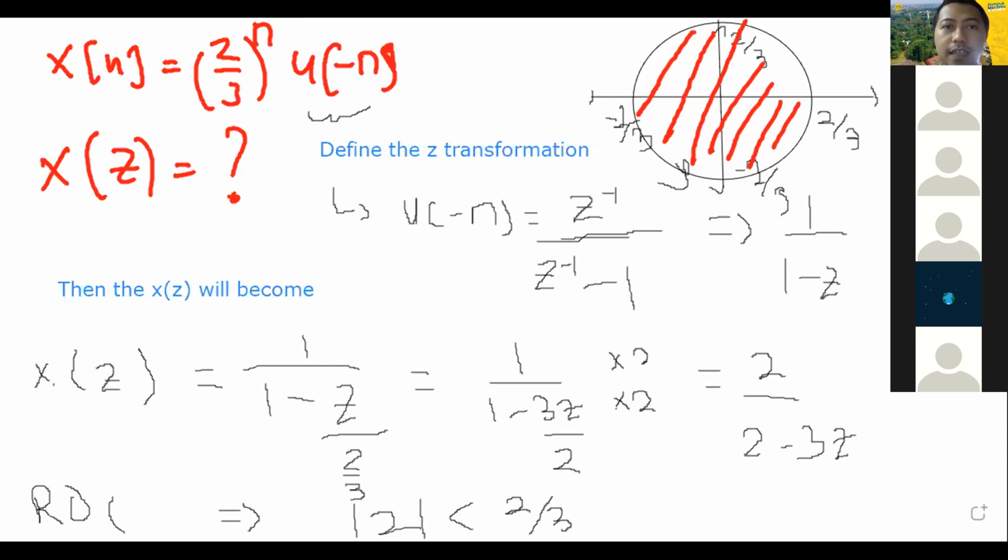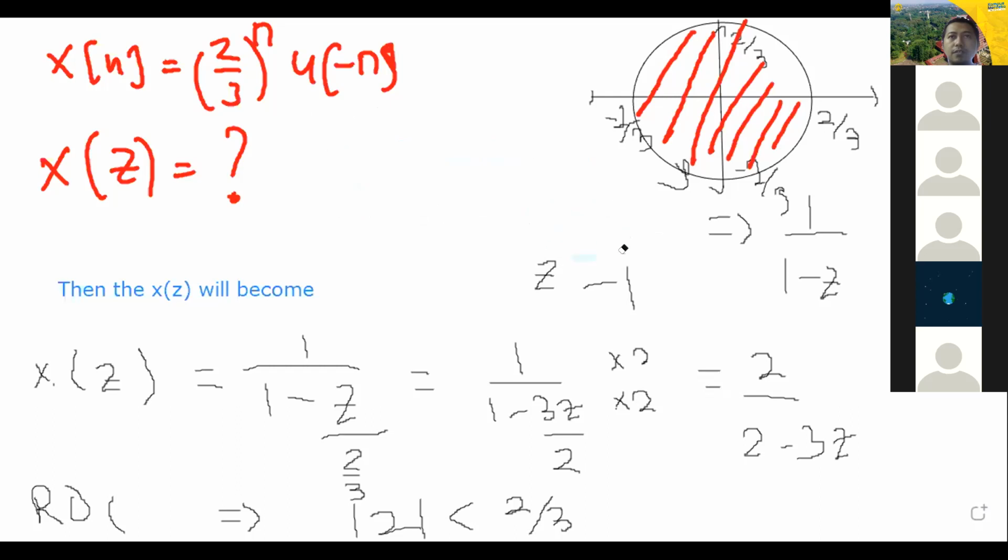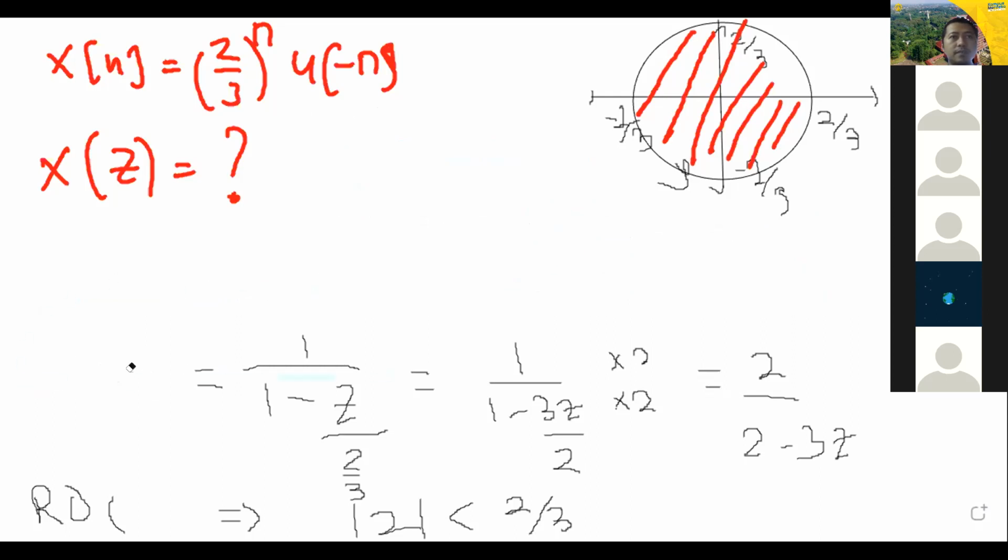You're welcome, sir. Yes, and then I will give a bit of explanation. Actually, Goldie's result is very correct, according to the expression of the Z transform and then defining the region of convergence.